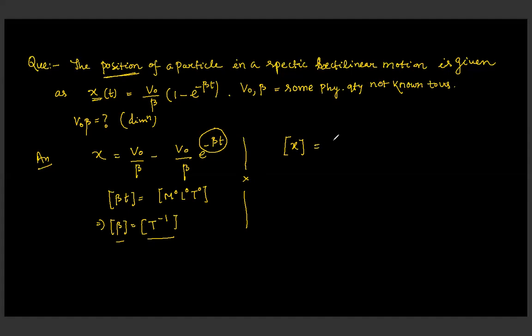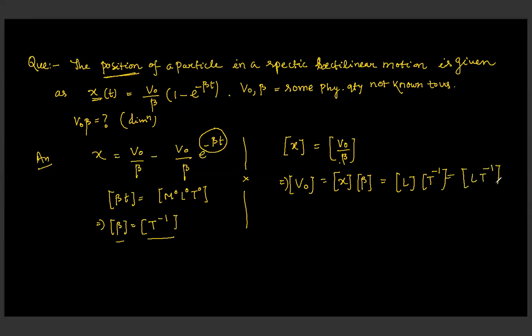The dimension of x must be equal to the dimension of v naught by beta. Similarly, you can cross multiply to find the dimension of v naught, which is dimension of x and dimension of beta. Dimension of x is L and dimension of beta is T to the power minus 1. So the dimension of v naught is L T to the power minus 1.